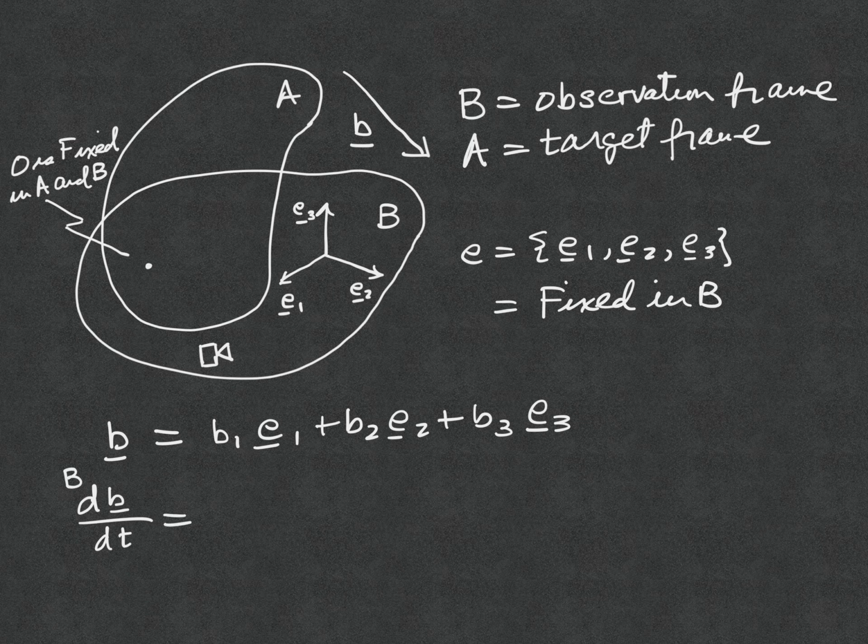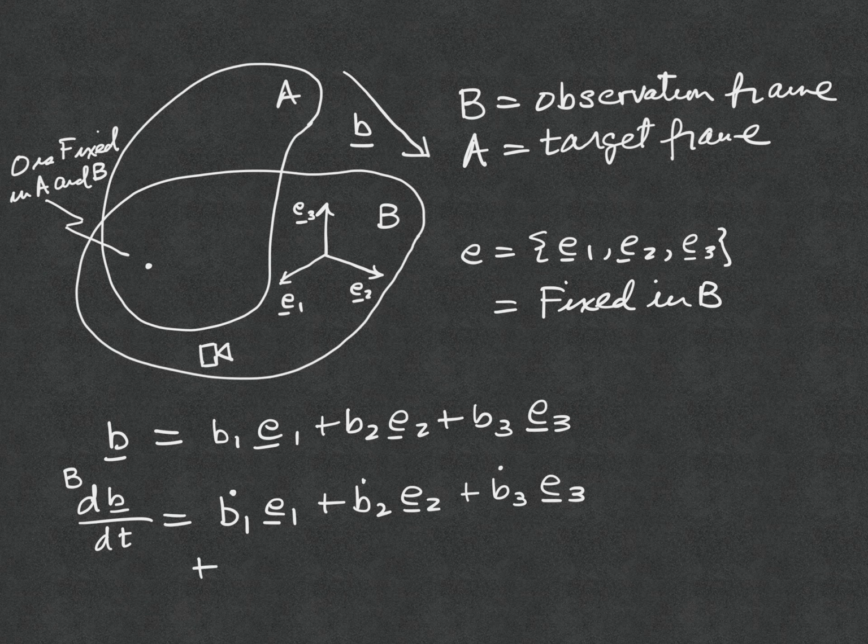I get, well, now I'm taking the rate of change. Since scalars' rates of change don't depend on reference frames, they're just scalar functions, I can write this as B1 dot E1 plus B2 dot E2 plus B3 dot E3.